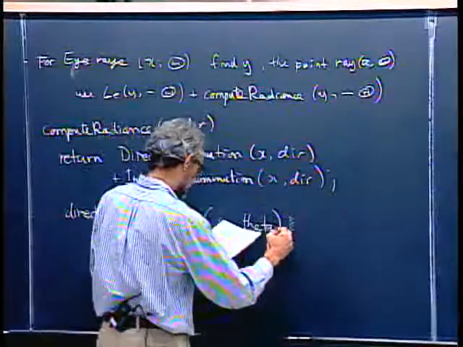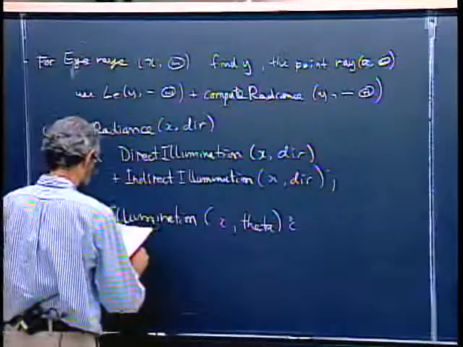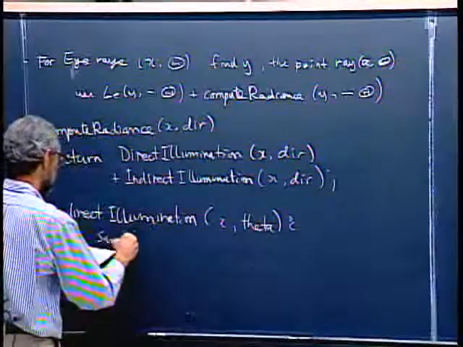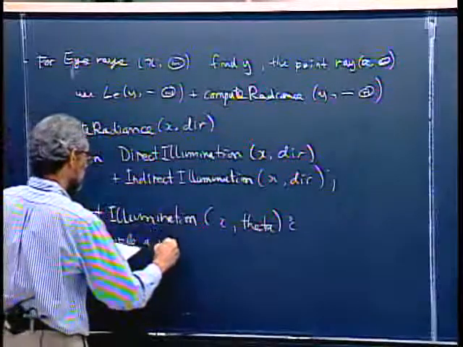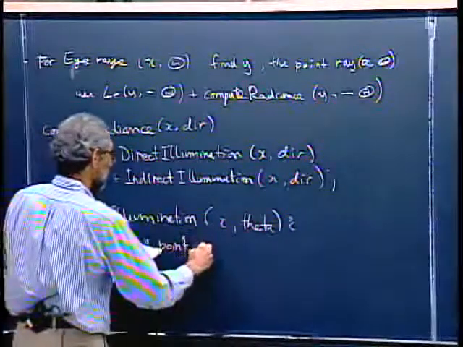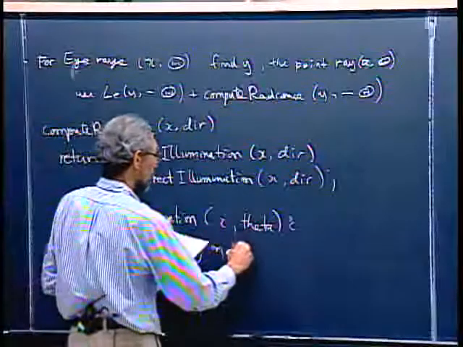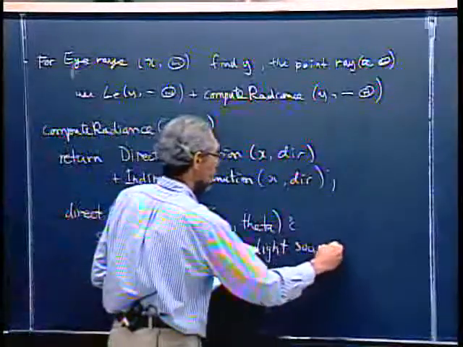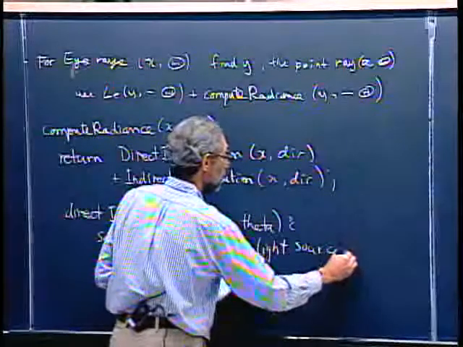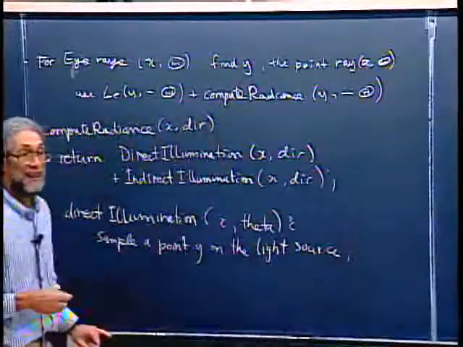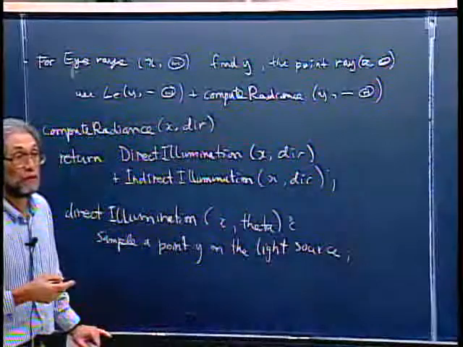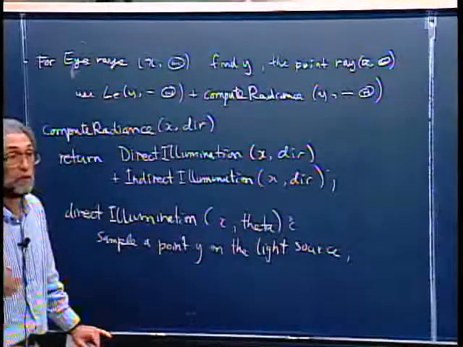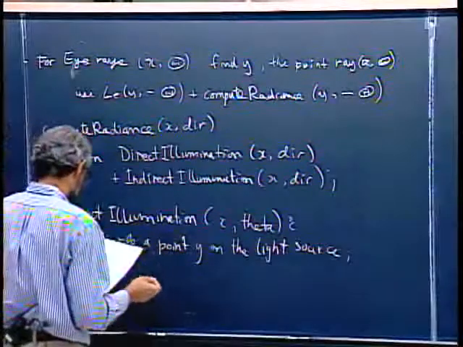Okay, so here we have to sample a point Y on the light source. Now, the book has cases where you do multiple shadow rays to the light source, or even choose a point among multiple light sources. So you can look for those details in the book.